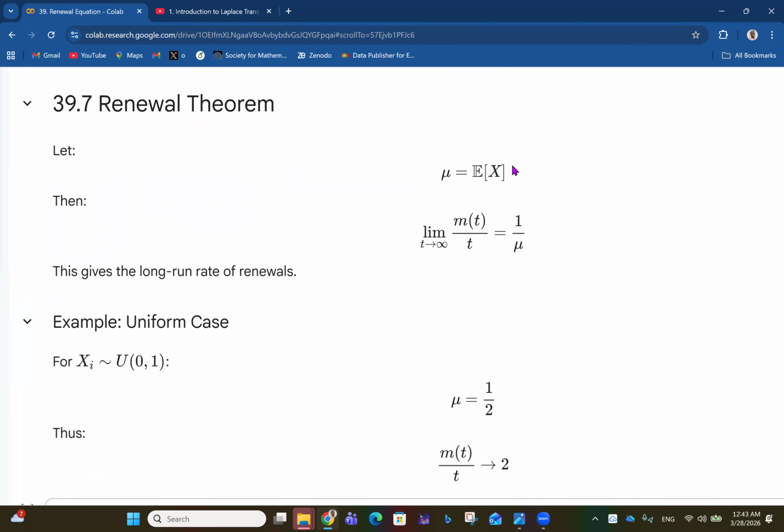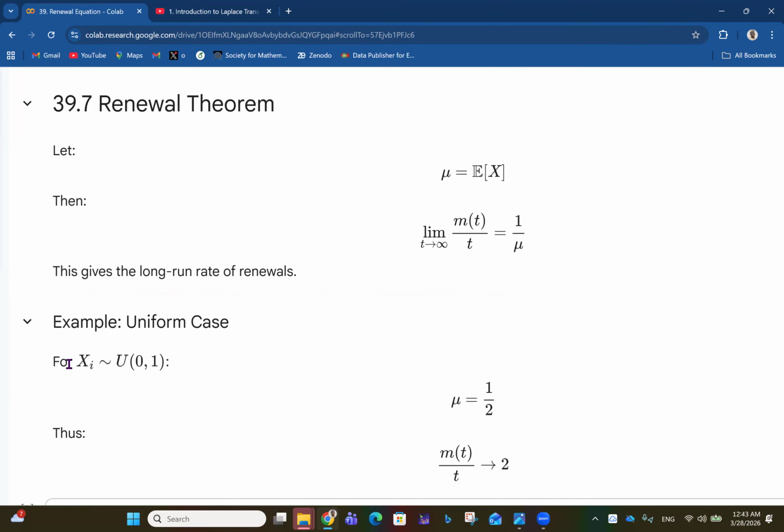That's the inverse of the expected value, or the mean. So this gives the long run rate of renewals. In the long run, in a renewal process, the renewal function approaches the number of arrivals, which would be 1 over mu.